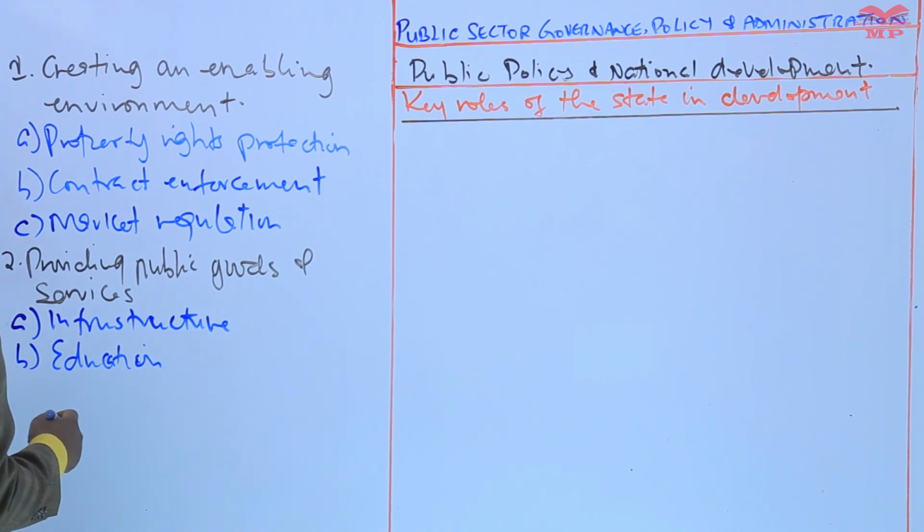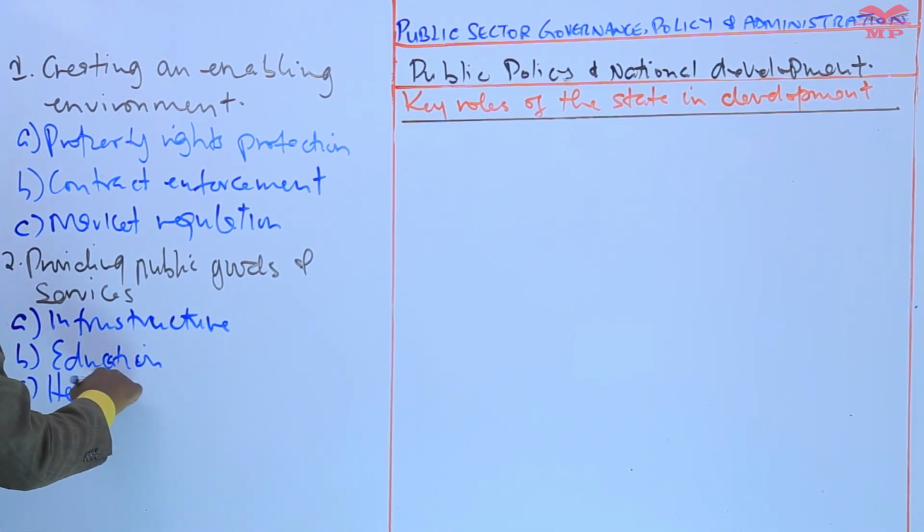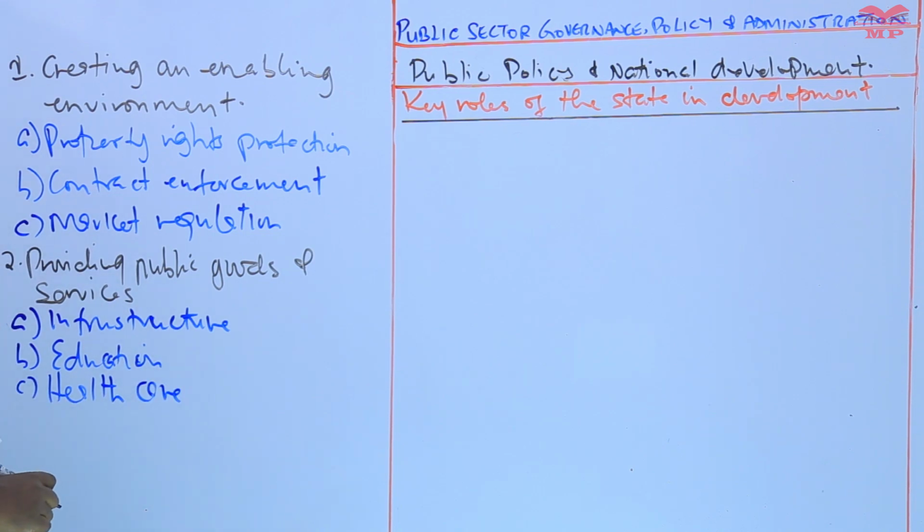Another essential service is healthcare, ensuring access to affordable healthcare services for all the citizens. That is one way in which the government can provide public goods and services.